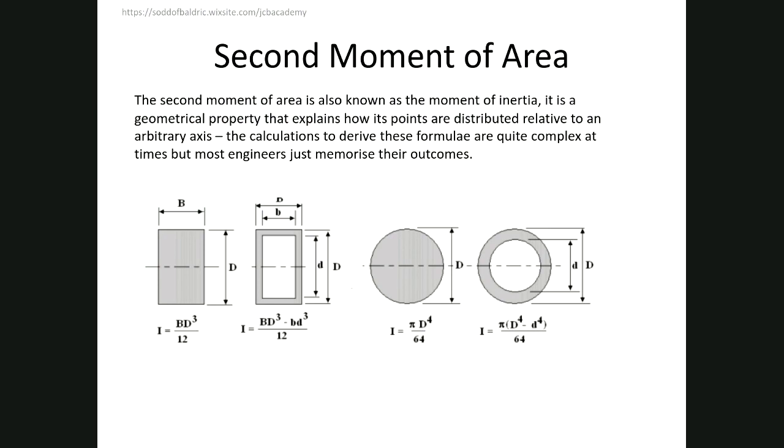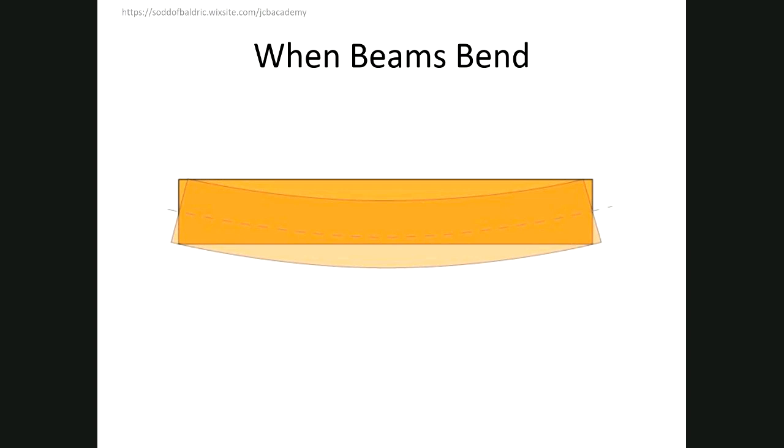Okay, so let's just go back to our original beam. On this beam, the radius of curvature is effectively the distance.